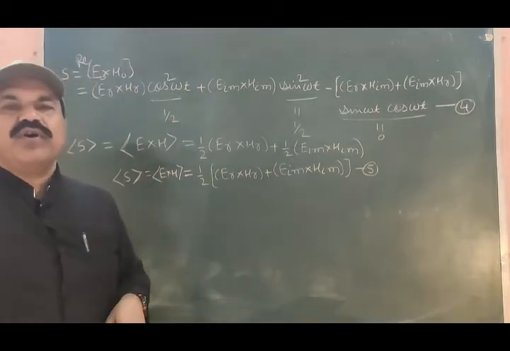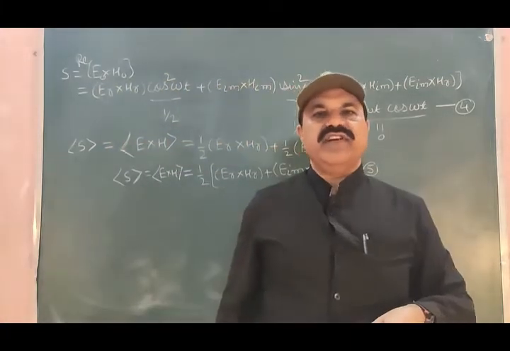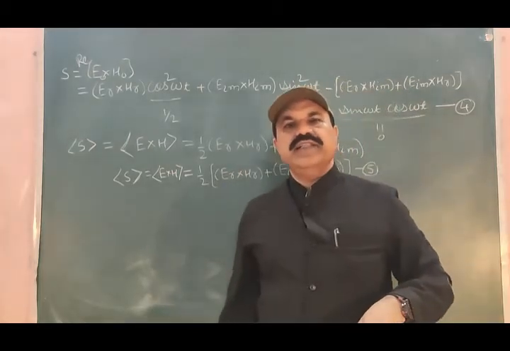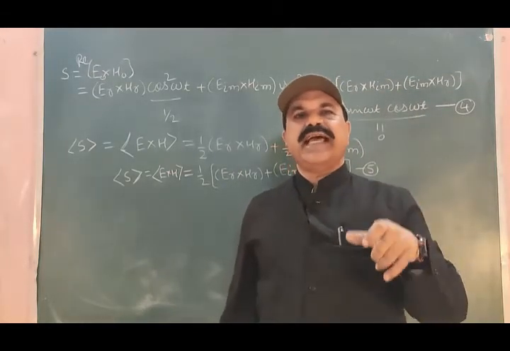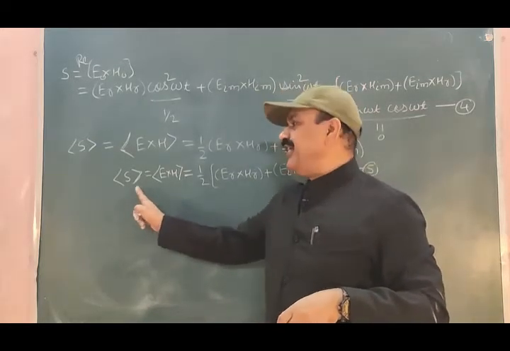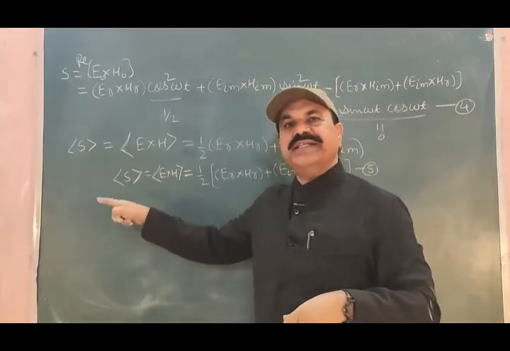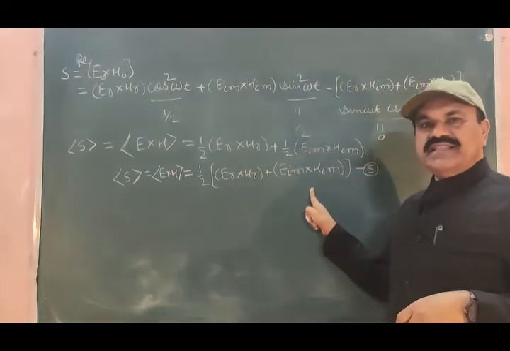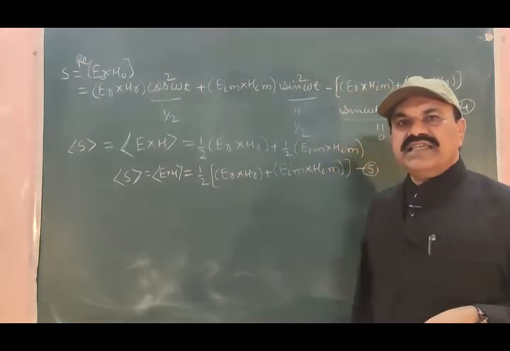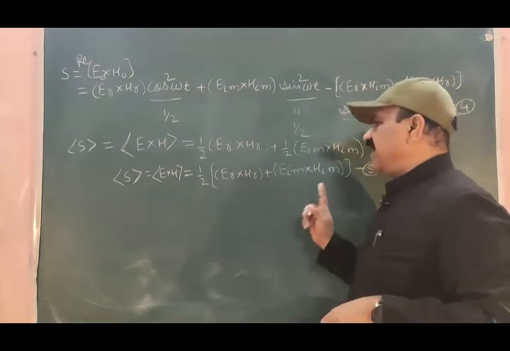This is the expression for the Poynting vector in time varying fields. Equation 5 is the expression for the Poynting vector in time varying fields. The time average of the Poynting vector is given by 1 by 2 times in the square bracket ER cross HR plus EIM cross HIM, equation number 5.